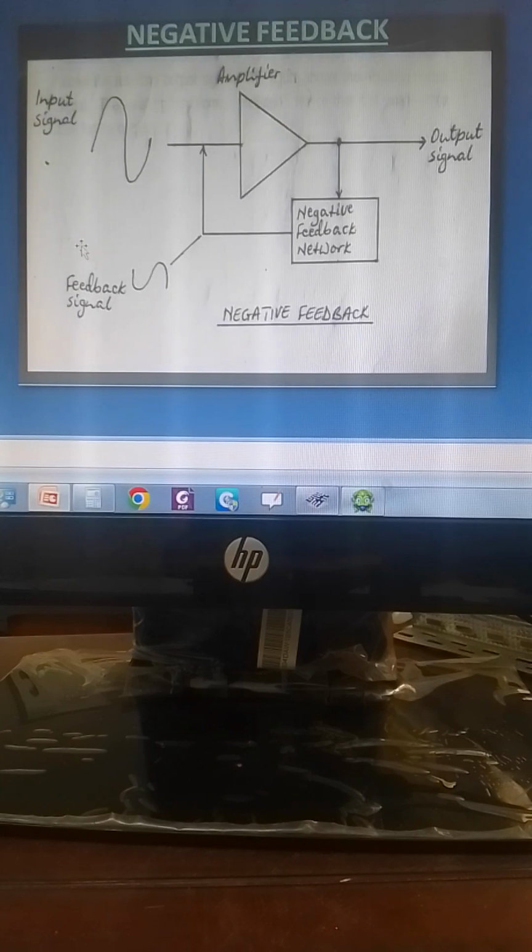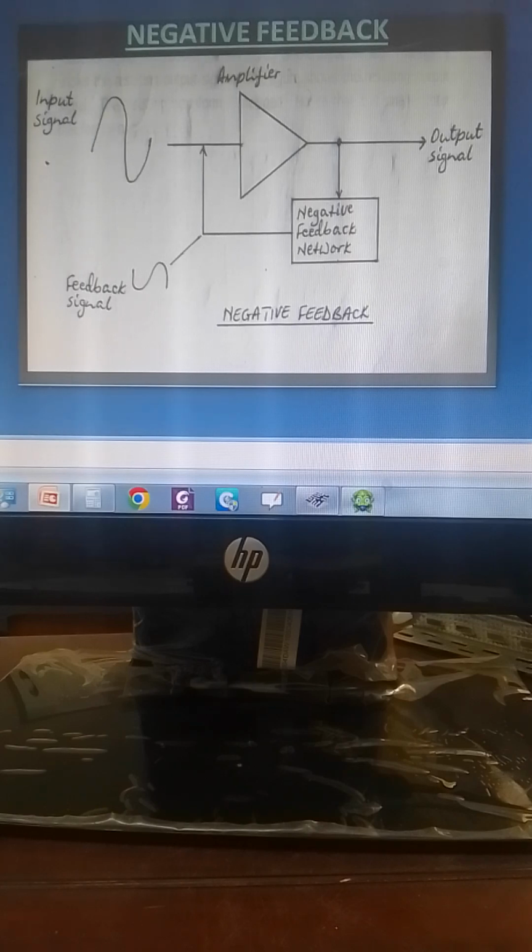On the negative feedback, you discover that this is the input signal and this is the feedback signal. For it to be called negative, it is 180 degrees out of phase, meaning that when this one is going in the positive direction, this one is going in the negative direction. So the circuit arrangement is the same, but the behavior of the inputs is different.